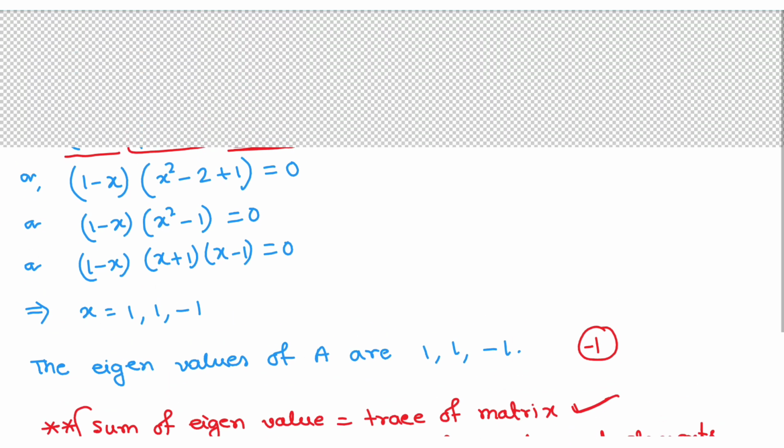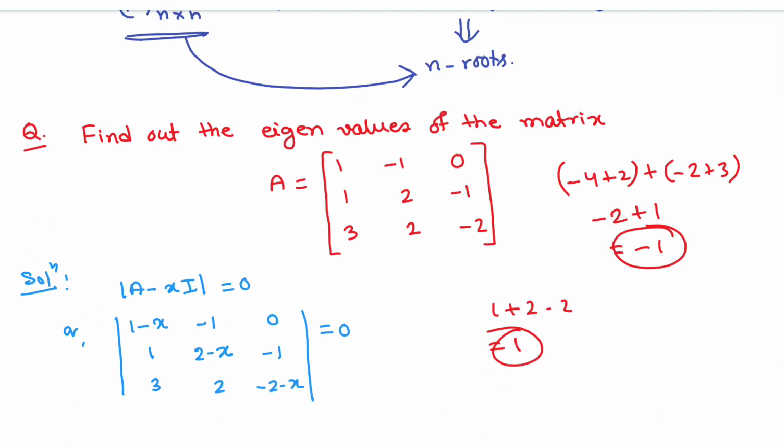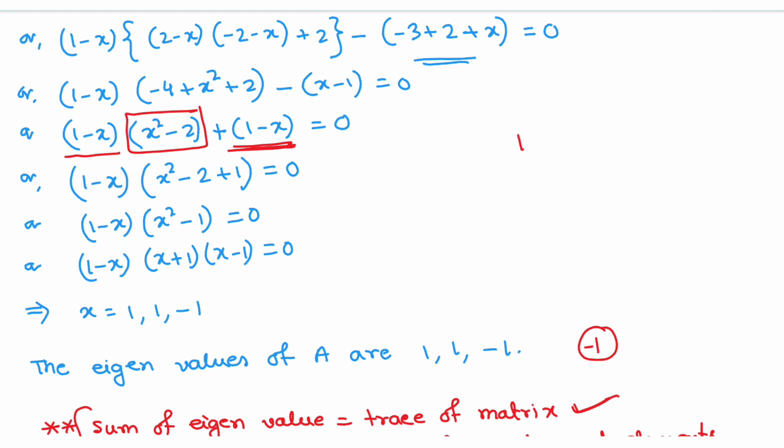Now the next topic is eigenvector. Very, very important, and definitely you will get at least one question from this topic. The concept of diagonalization is totally depending on the eigenvector. Let me tell you one more point. Here I have calculated the characteristic equation using the determinant of A minus xI equals 0.